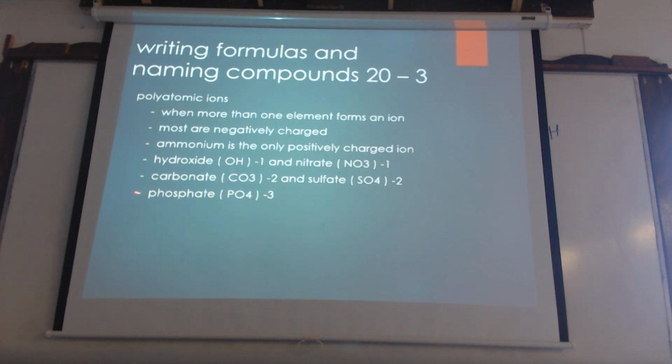The formula for ammonium is 1 nitrogen and 4 hydrogens. That is the ammonium ion. What's the formula for ammonium? 1 nitrogen, 4 hydrogens. What type of charge does it form? Plus 1. Okay?